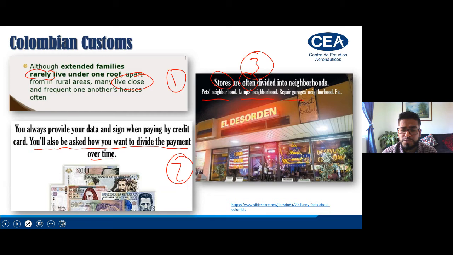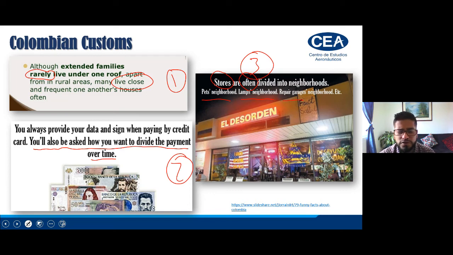Pets neighborhood is very common, for example, in Chapinero, over the Caracas Avenue. I'm not sure about the streets, but there is one specific sector for pets, and so on. So this is customs.